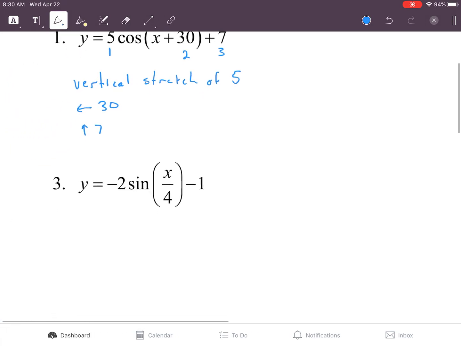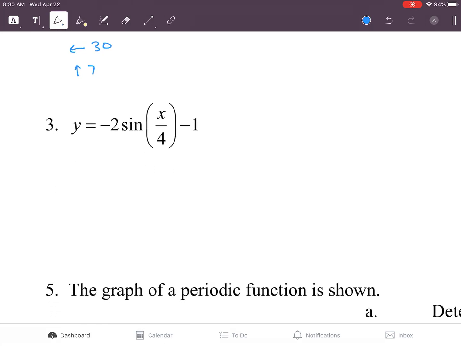Number 3. There are 4 different things going on here. We have 1, 2, 3, and 4. Okay, number 1 is a reflection over the x-axis.